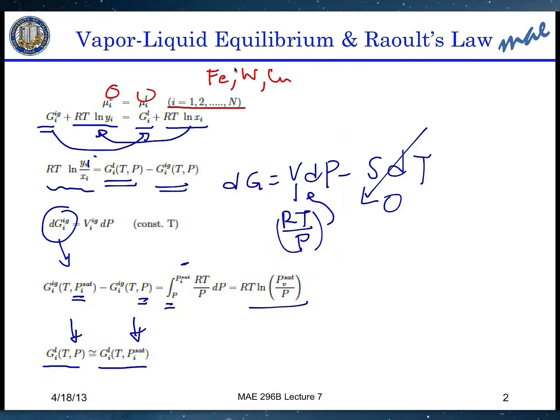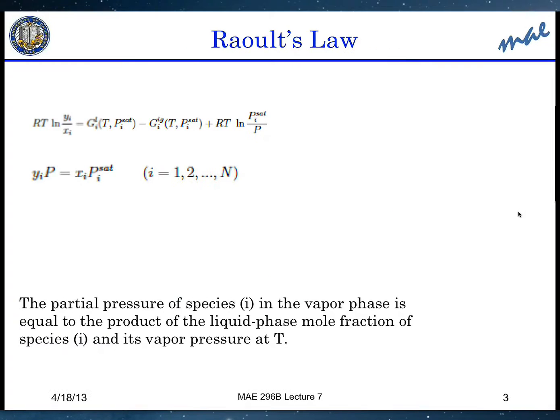So let's continue on, and with this assumption, we will now see that on the left side we have RT natural log of Yi over Xi, and on the right-hand side we get the Gibbs free energy of the liquid at Pi sat and the Gibbs free energy of the vapor at Pi sat.